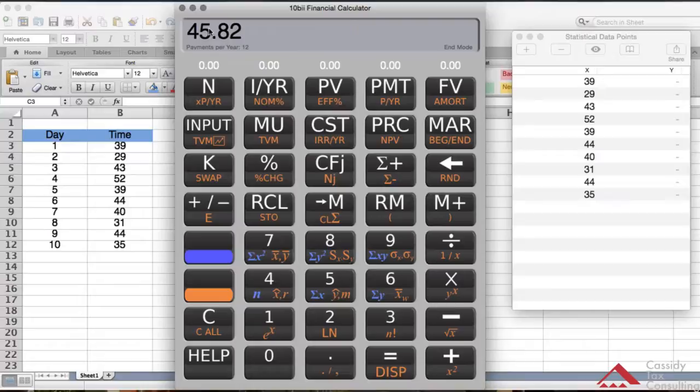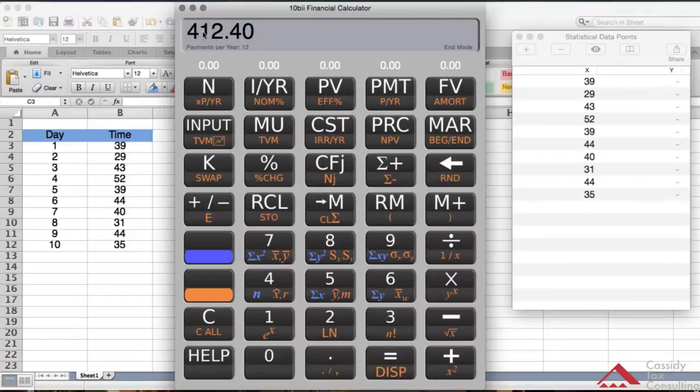So I multiply this number by 9, and as you see on page 144, it gives me 412.4, which I have here.